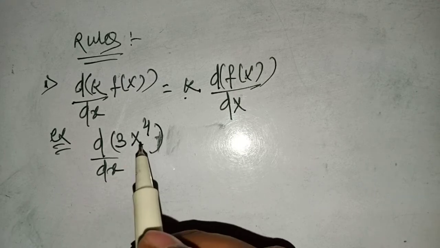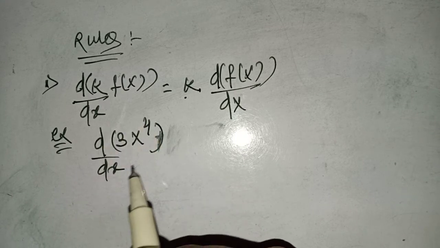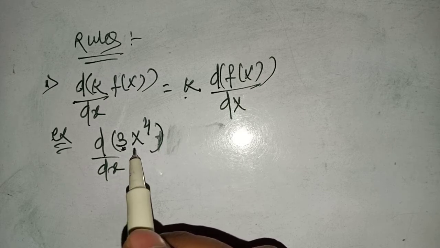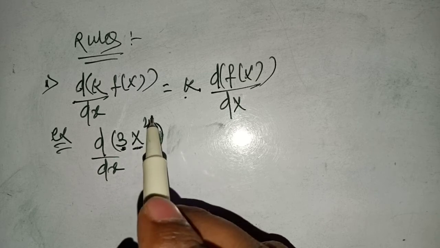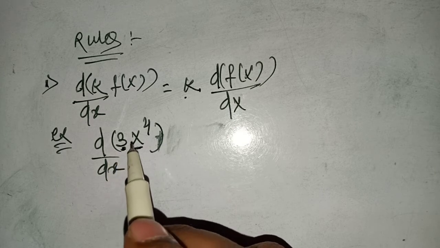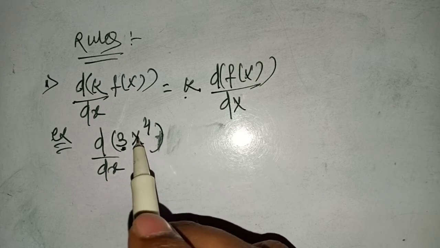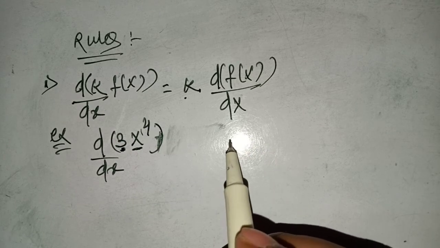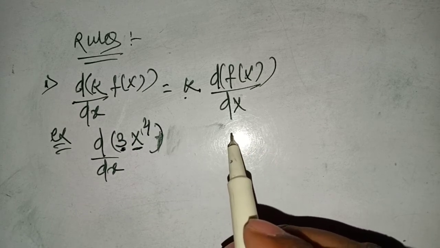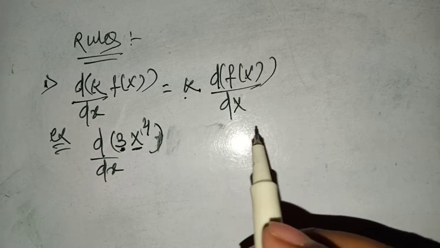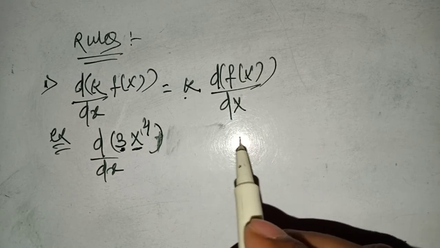So we want to differentiate this. Here you have a constant, and this is x, and this is n. So this is constant k, this is x, and this is n. So we will use which formula? Differentiation of x to the power n.